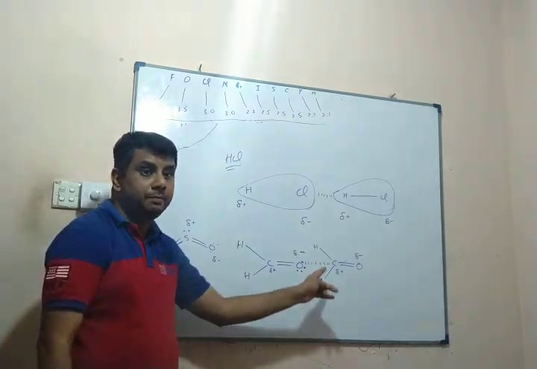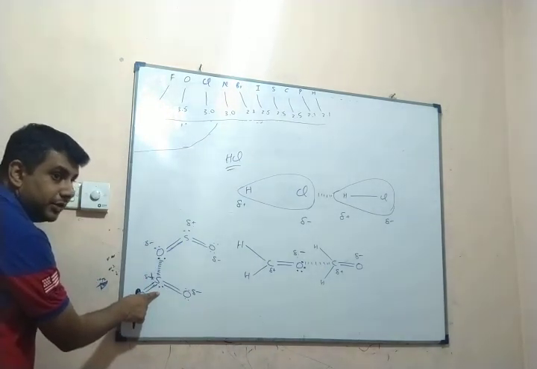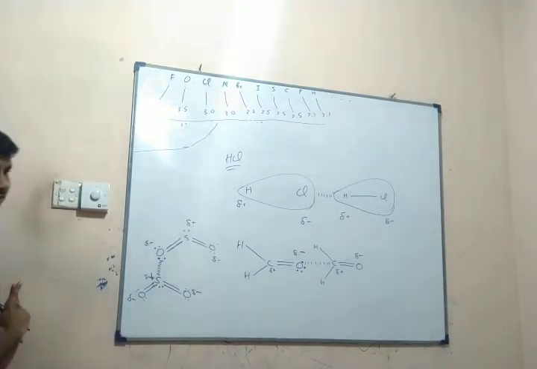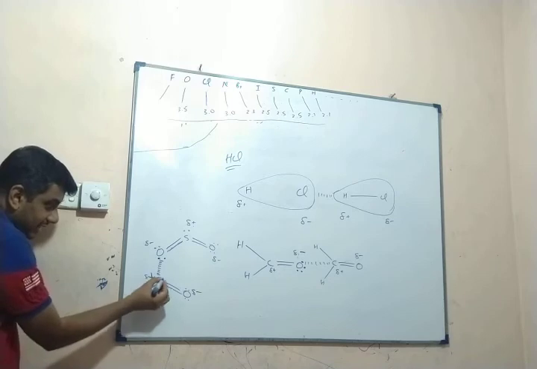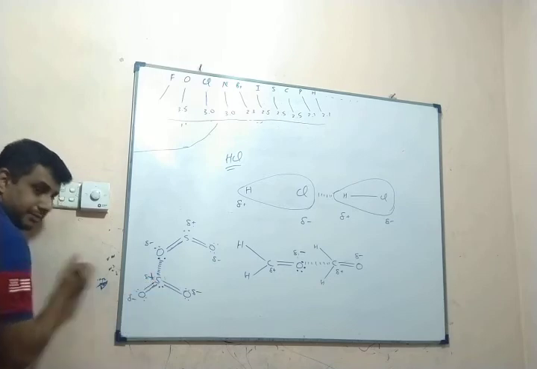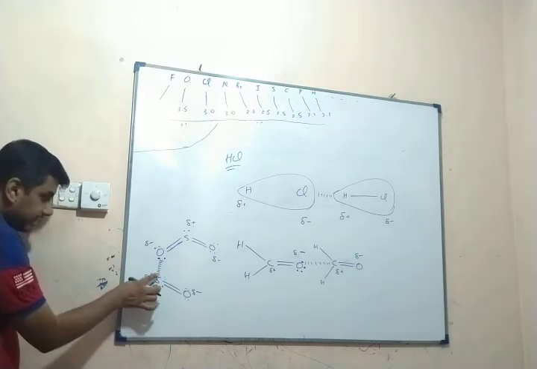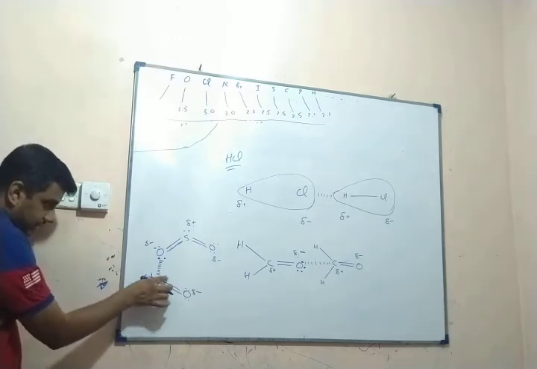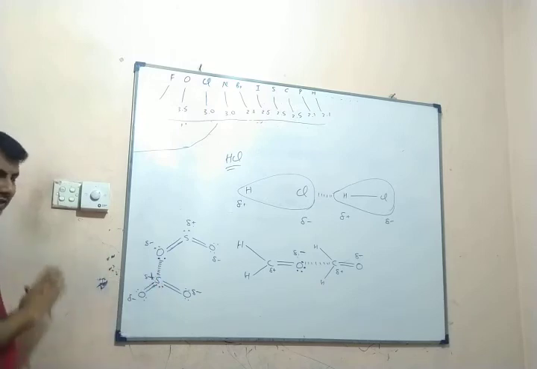Sometimes there may be a lone pair like this, but you have to show that lone pair downward, not here. There is no attraction between a lone pair and another lone pair.